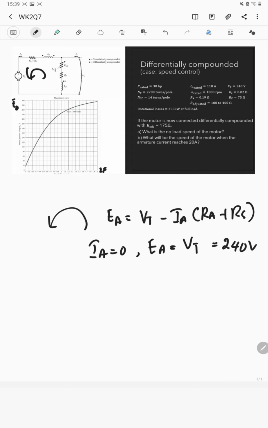If you look at the magnetization curve, 0.96 is very close to 1, and you go further up, you'll be looking at about 246 volts.